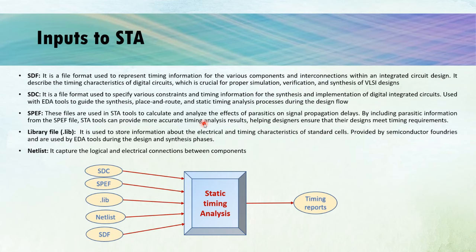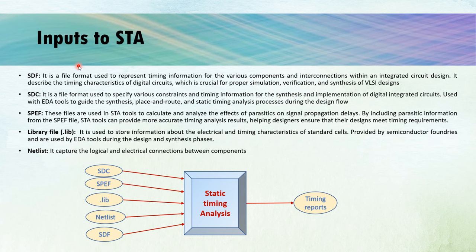So before starting with the inputs to the static timing analysis, we will see a brief introduction about static timing analysis. As in the previous video, we have already described static timing analysis in a very descriptive way. So we'll just take a definition of static timing analysis and then we'll move on to inputs.